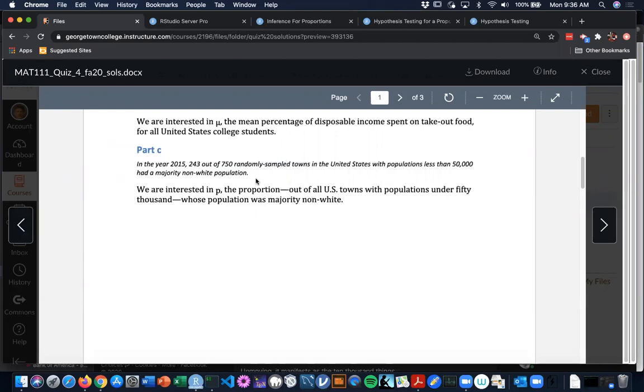And out of them, we're wondering what proportion out of them have a majority non-white population. Notice how we're counting up how many had a majority non-white population. Yes, no. So we're interested in a population proportion, and it's the proportion out of all US towns with populations under 50,000 whose population was majority non-white.